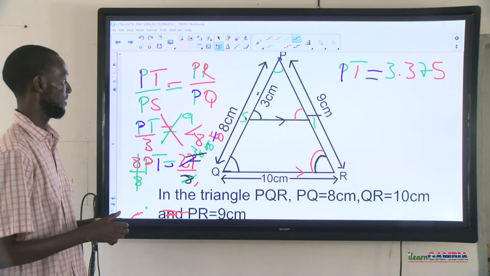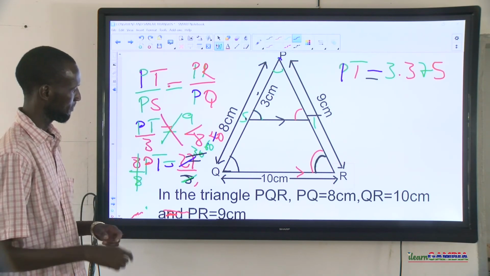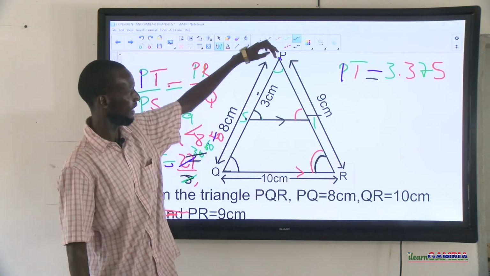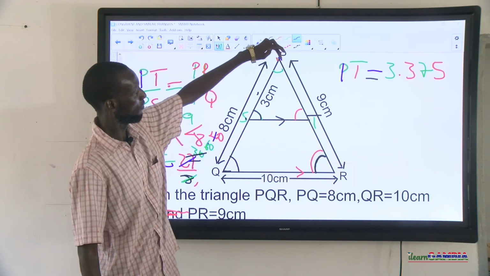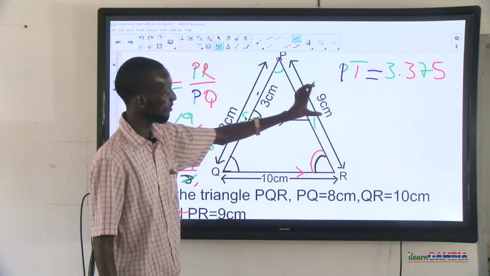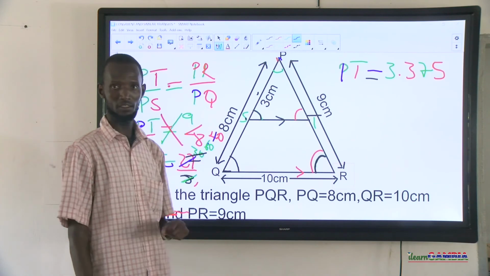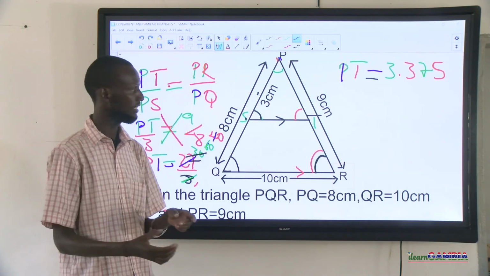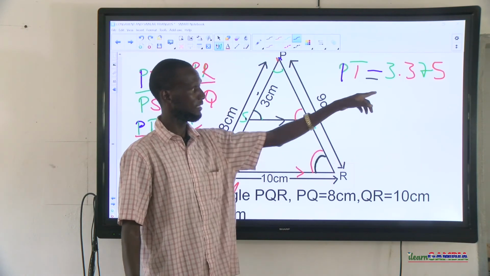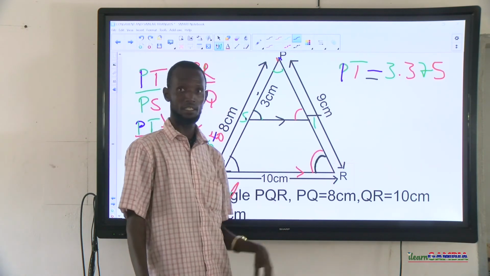But remember, what we are actually looking for is TR, okay? But now that we know the whole length of PR is already 9, and now we know one part of that 9 is 3.375. So you can easily find the remaining part, that is TR, by just subtracting 3.375 from 9.